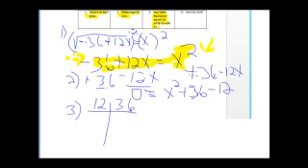We know the answer. These two numbers, when added, equal 12. When multiplied, equal 36. So there are the two numbers.